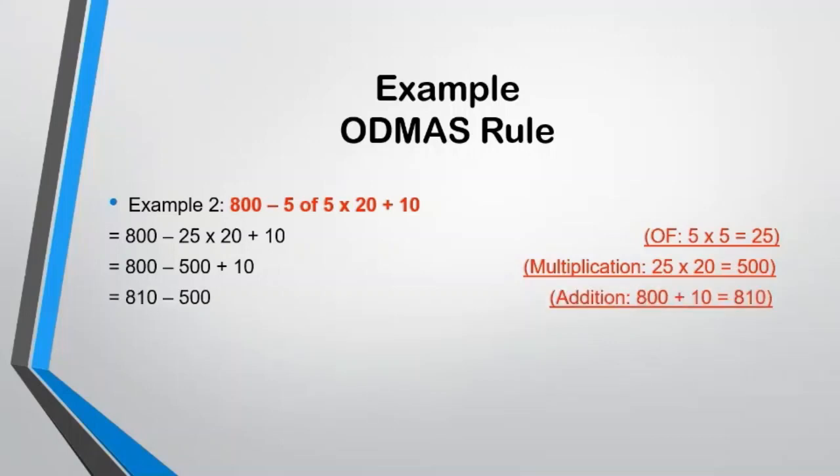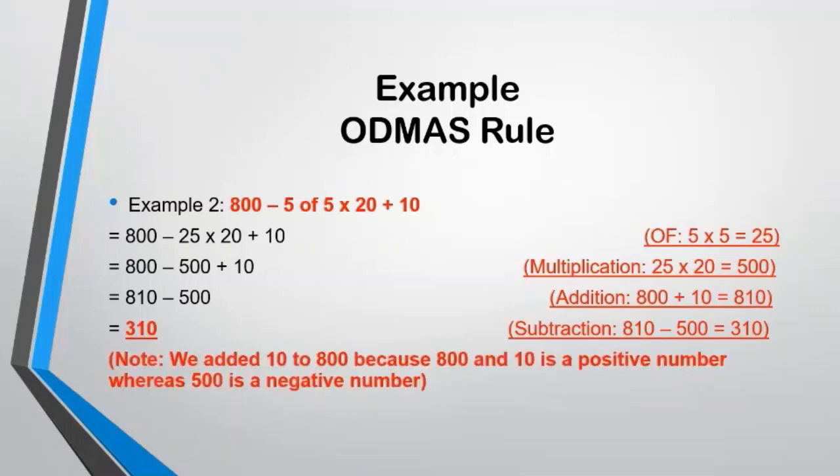And then we will do addition, which stands for A and is third in the rule. So 800 plus 10 is equal to 810. Then we will do subtraction, which is 810 minus 500 is equal to 310, as S stands for subtraction and it is last in the rule.